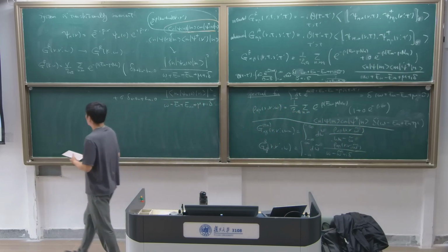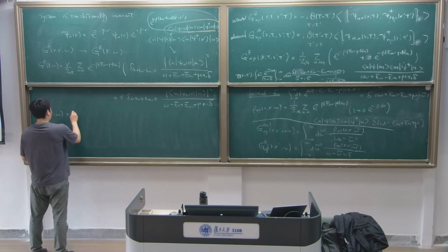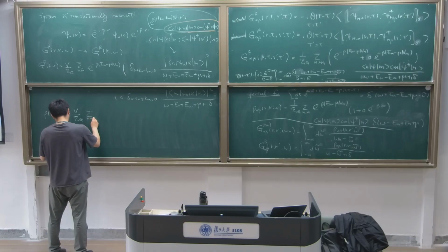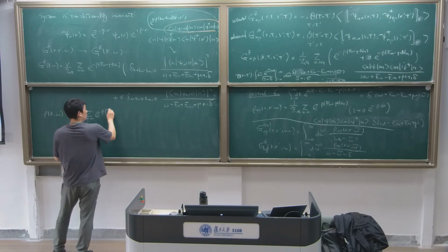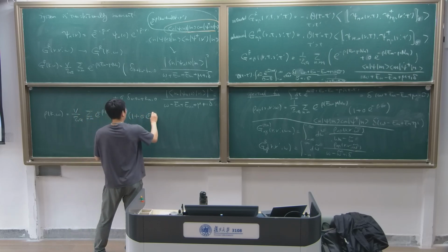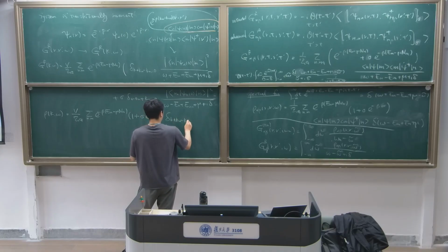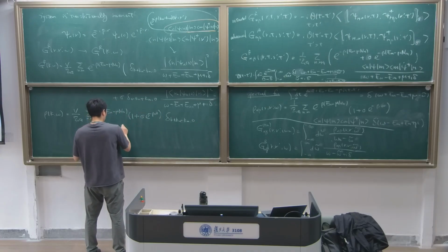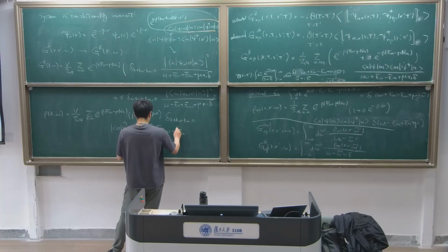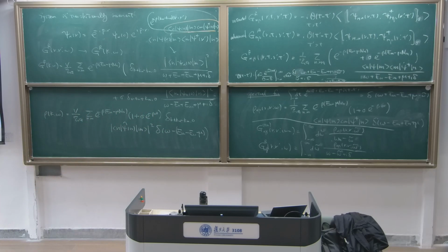Now we can take the spectral function and Fourier transform it to k and omega. Okay, so that's what you can do.